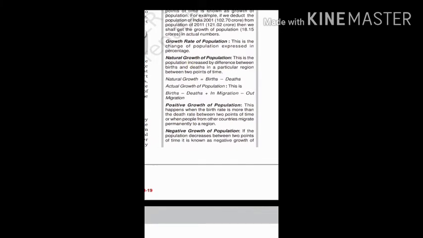So now it is the natural growth of population. This is the population difference between the birth and the death rates. That means in a year many people are born and many people die.